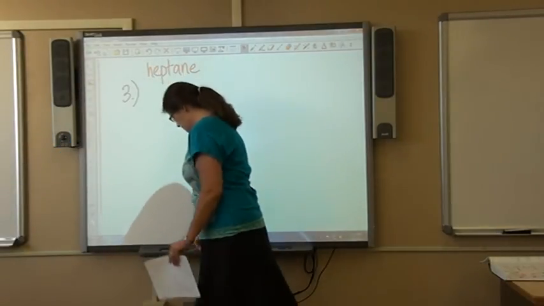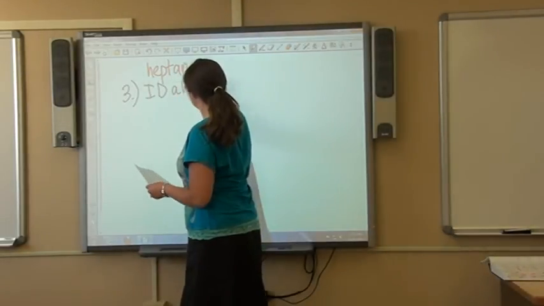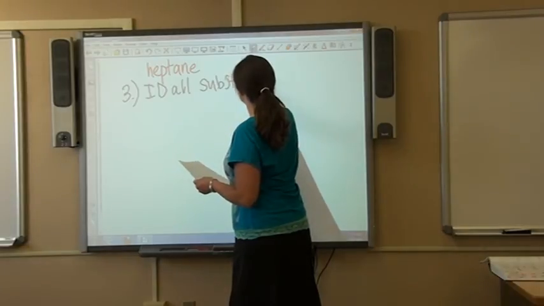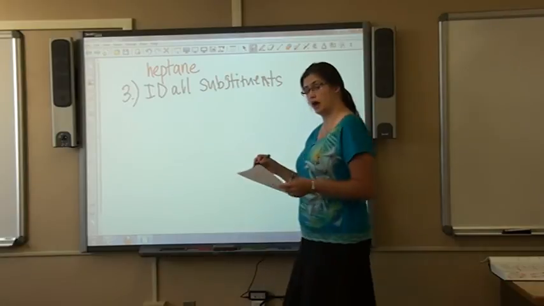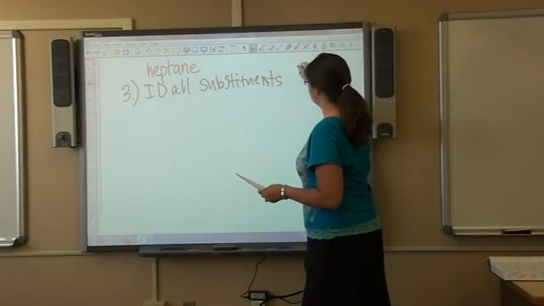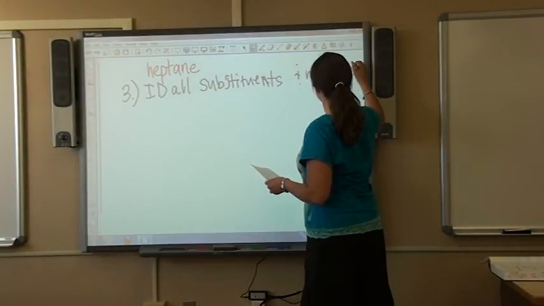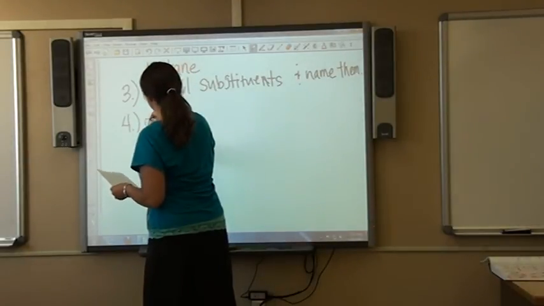Now, step 3 then is to identify all substituents. Remember, substituents are anything that's not one of those implied H's. Identify all substituents and name them. Then we're going to alphabetize.